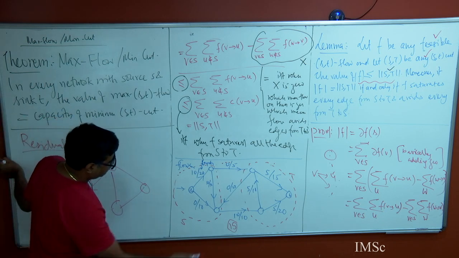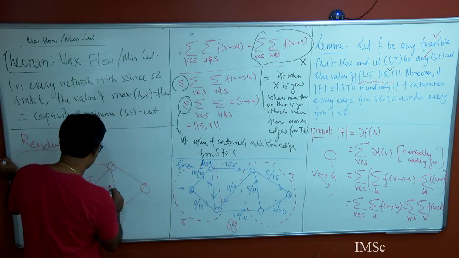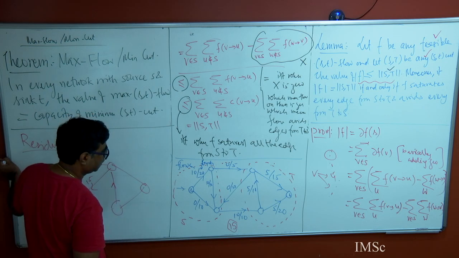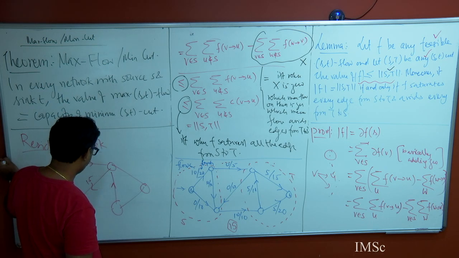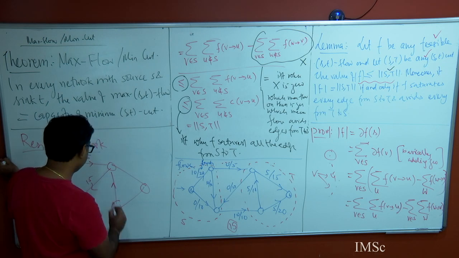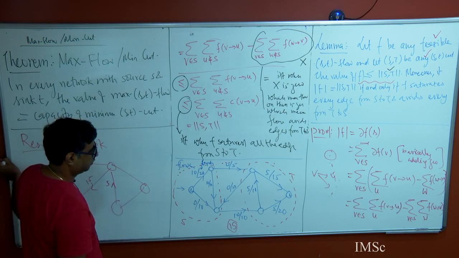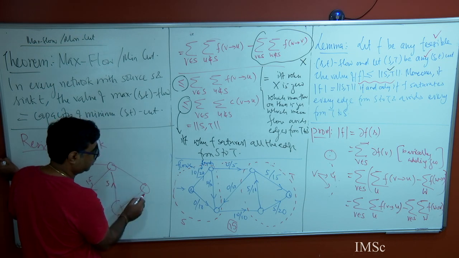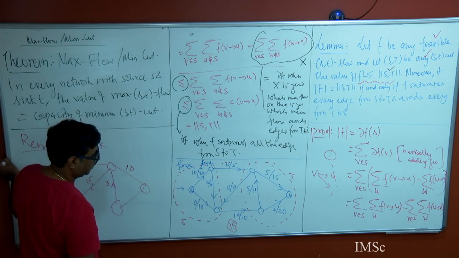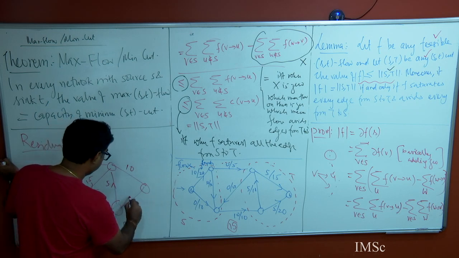Now, look at this. How much will it be? 5 units of flow is there and 5 is left. Here 10 is left and here 15 is left.